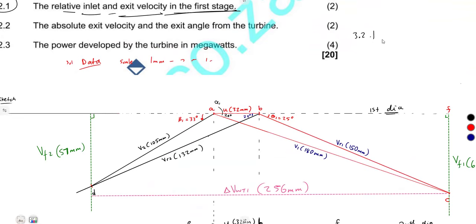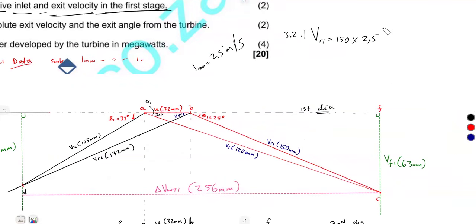So 3.2.1 from the first diagram, is VR1, that's the relative inlet. So it's 150 millimeters. But remember the scale, 1 millimeter to represent 2.5 meters per second. So you have to multiply by what? 2.5.